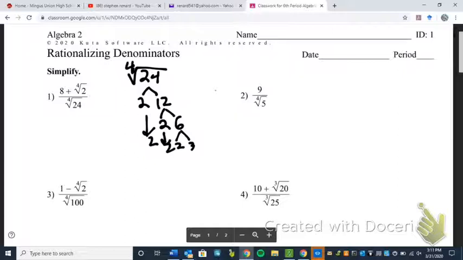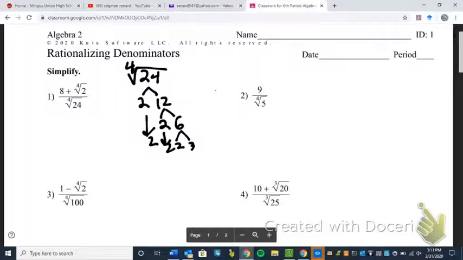Well, in order to get rid of that, we need 4 of each one, because it's the 4th root. So we need 4 2s, and we need 4 3s. So we want to ask ourselves, hey, what are we missing?